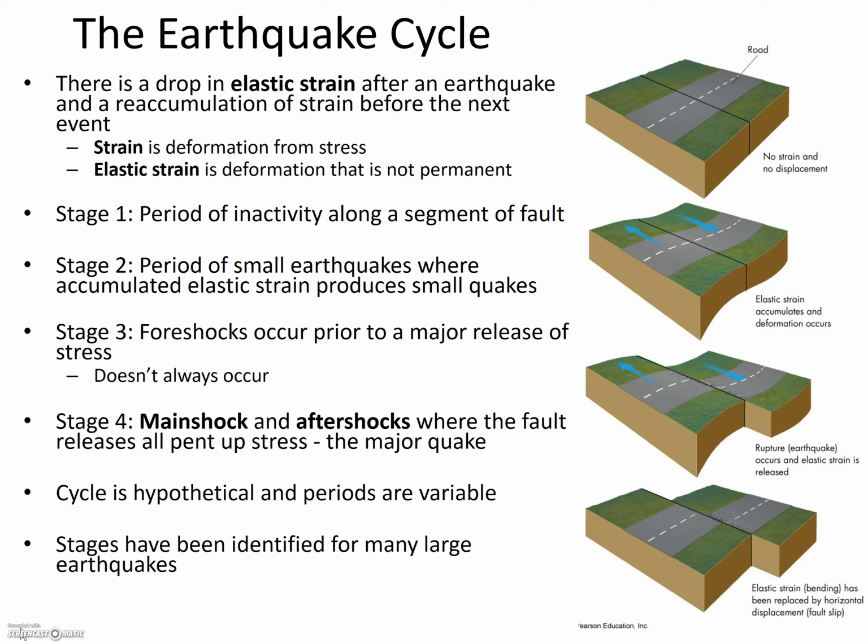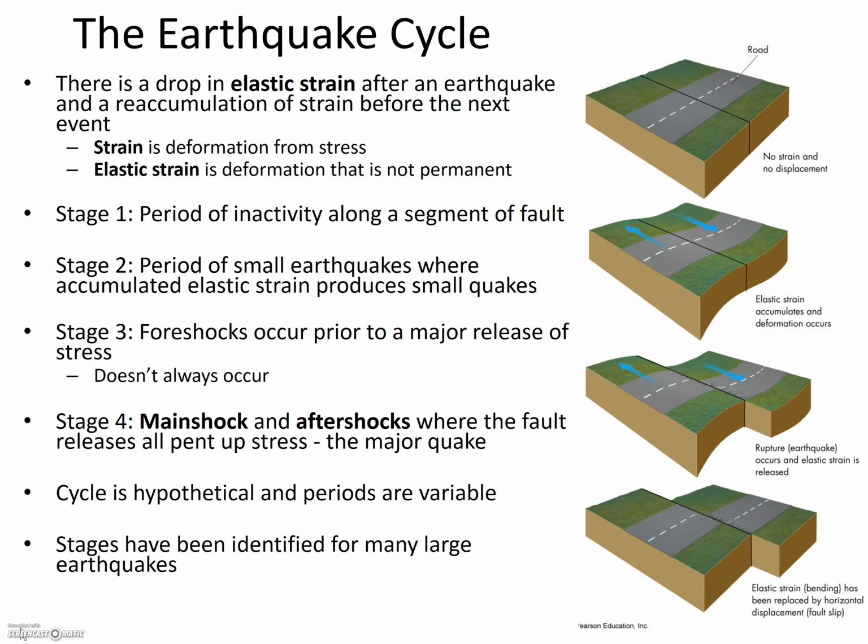So the earthquake cycle has 4 main stages. Stage 1 is a period of inactivity along a segment of fault. Stage 2 is a period of small earthquakes where accumulated elastic strain produces small quakes. Stage 3 contains foreshocks that occur prior to a major release of stress.